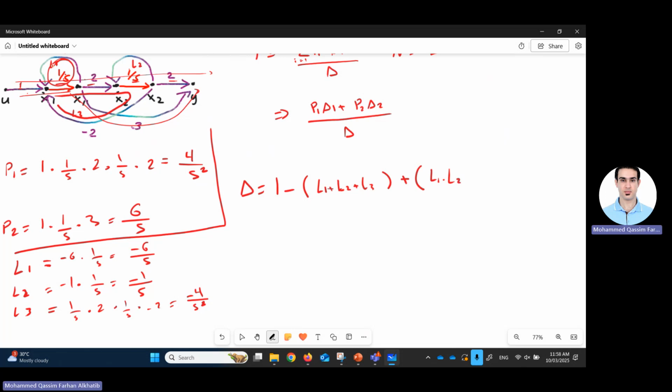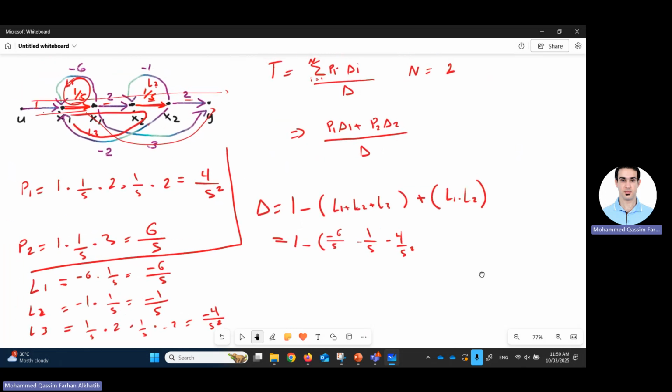We saw that L1 and L3, they are touching through this branch, and L2 and L3 also touching through this branch, and that's it. Now let's substitute the values. 1 minus L1, negative 6 over s, negative 1 over s, negative 4 over s squared. So these are all the loops.